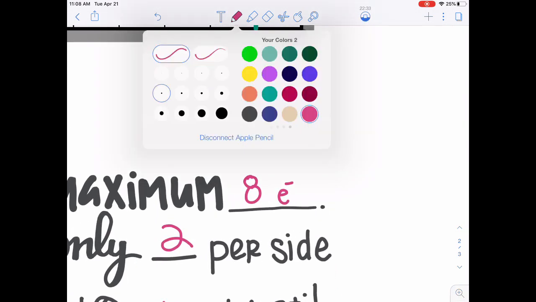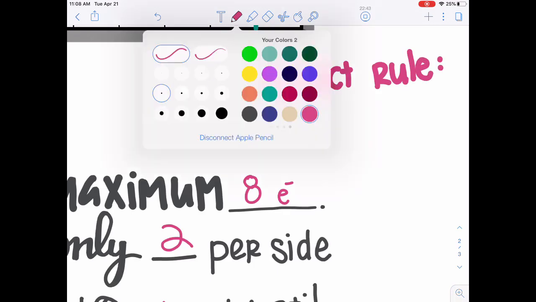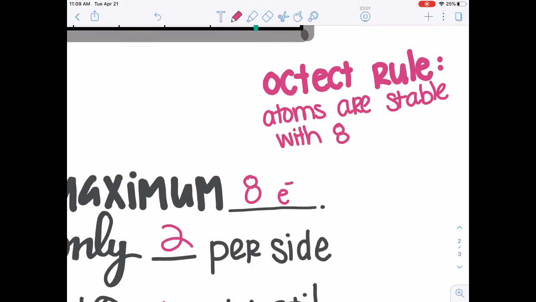We are going to follow the octet rule to a T. The octet rule states that atoms are stable with 8 electrons in their outer energy level.